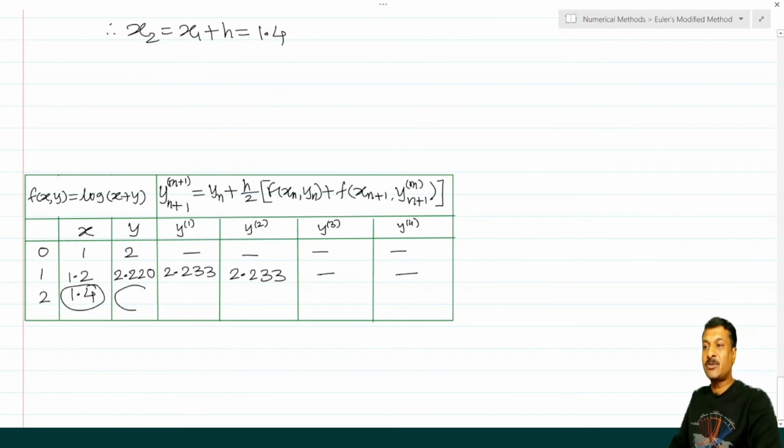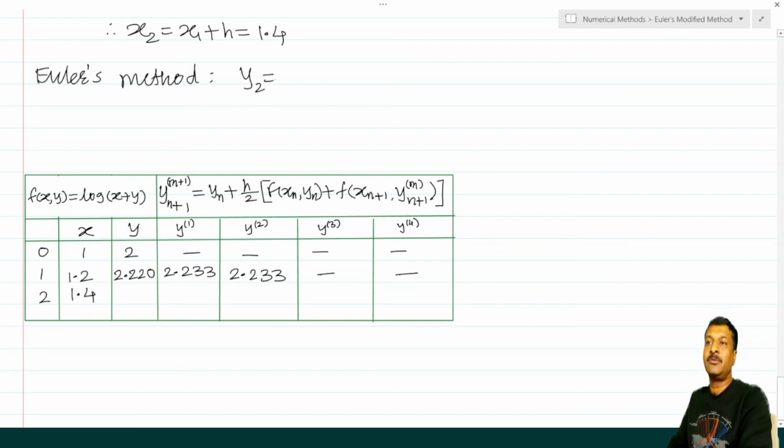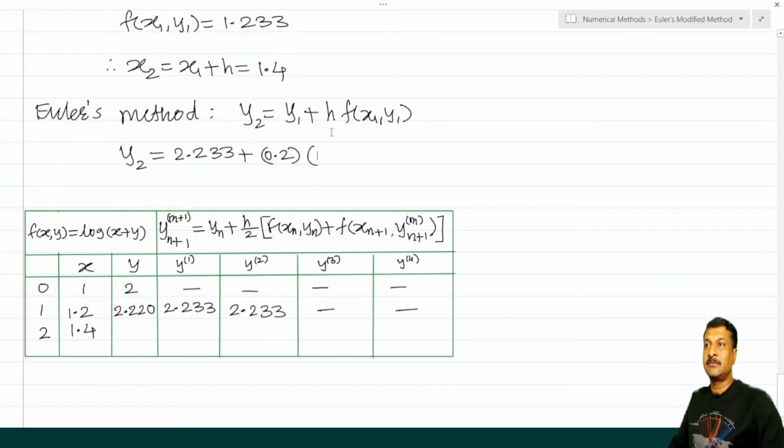Now our job is to find y2. First you find this y2 by Euler's method. So what is that? y2 with last value, that is y1 plus h f of x1 y1. So all values we have. So y2 equals y1 value by table, you can take the recent value, this row. What is the final value of y? It is 2.233 plus h is 0.2 and f of x1 y1, it is nothing but 1.233.